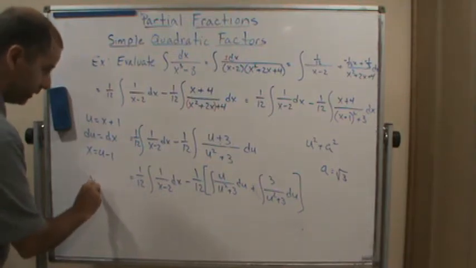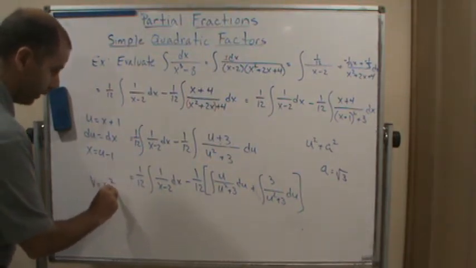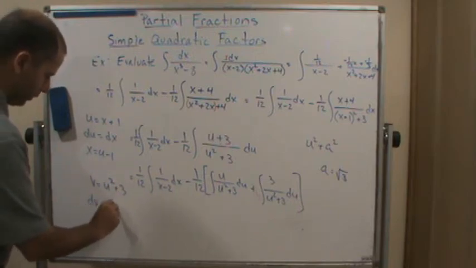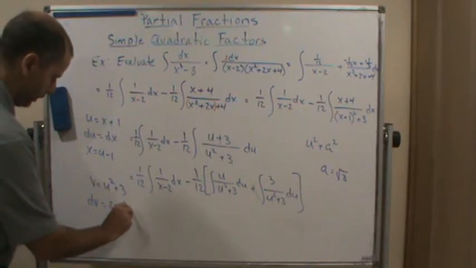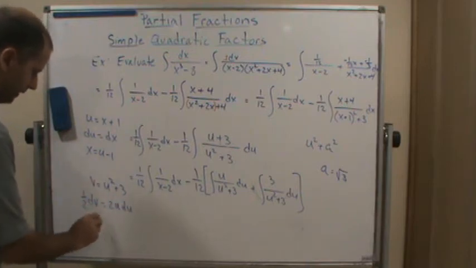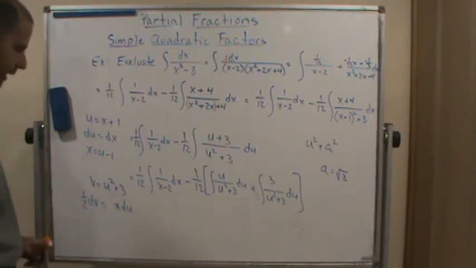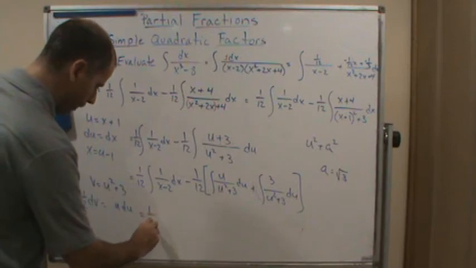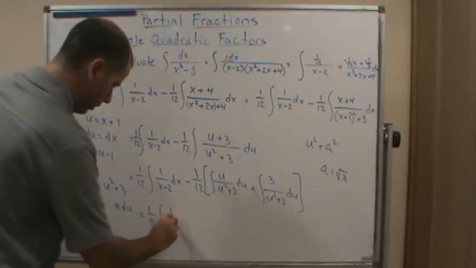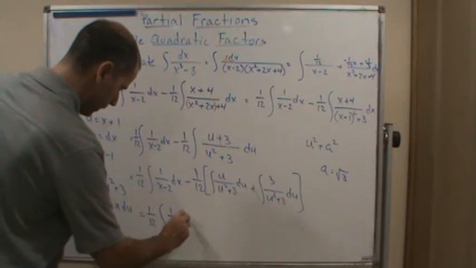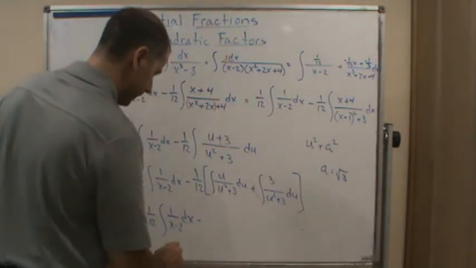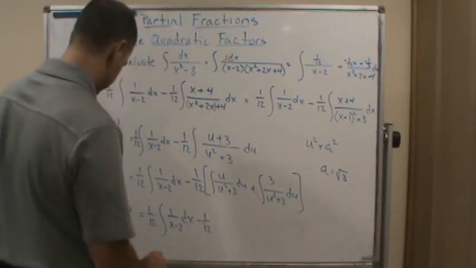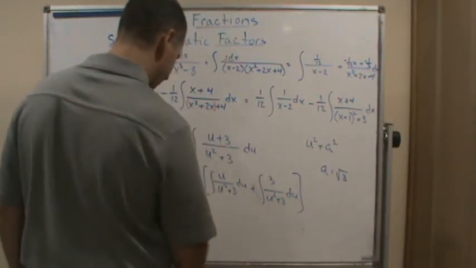So let v equal u squared plus 3, and we'll let dv equal 2u du. So 1/2 dv equals u du. And if we write it this way, we get 1/12 times the integral of (x minus 2) dx minus, now I'm going to distribute the 12, so this is going to be 1/12, but there's going to be a half here.